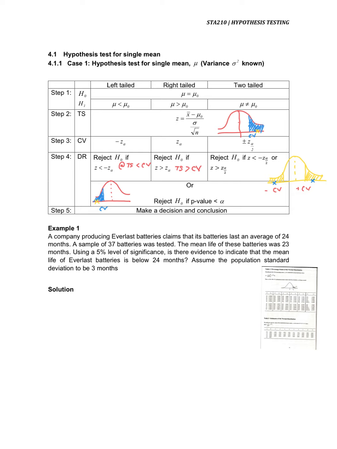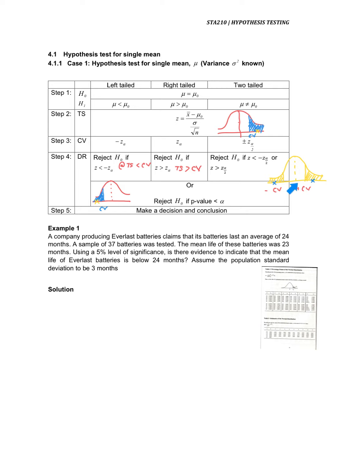But if your test statistic value is located in between here, meaning at the middle, not in the rejection region at either the left side or the right side, then we will fail to reject the null hypothesis.